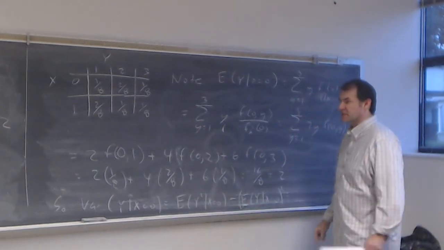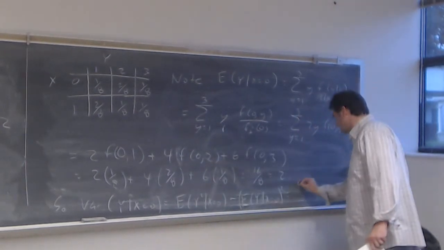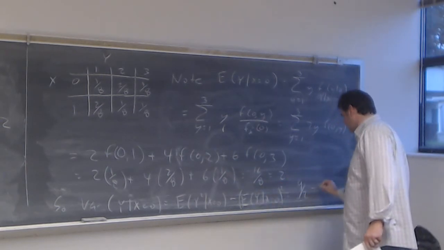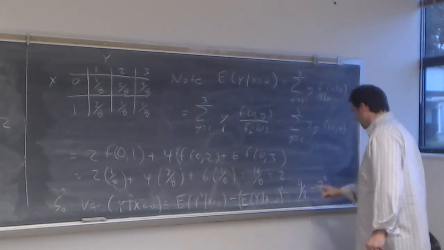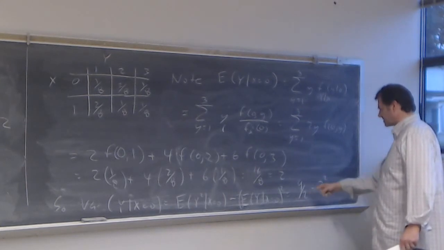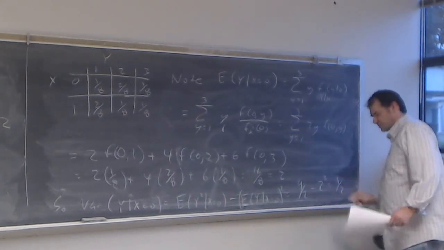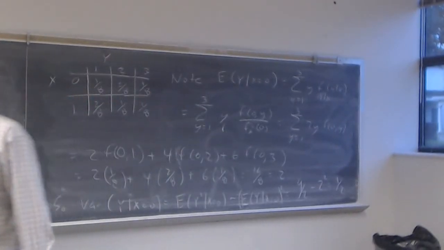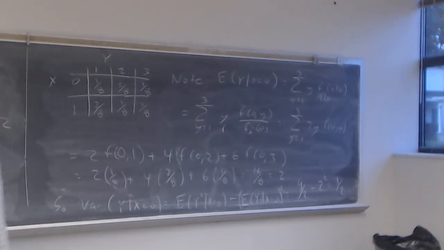We did that just a few seconds ago, still on the board, it's 9/2 minus, this part is 2 squared. So it's 9/2 minus 4, that's 4.5 minus 4, that just ends up being 1/2. That's our answer. That's an example involving conditional variance where we had a discrete case. Let's look at the continuous case next.